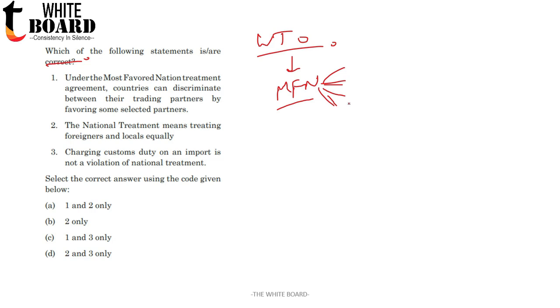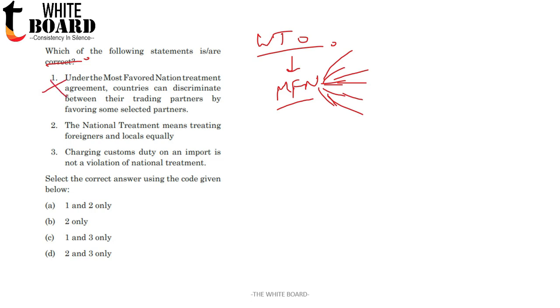Understood? So it is a very general agreement, but the term is a misnomer. As soon as you join the WTO, you have to give this MFN status to all the member countries. So the question is asking, under MFN treatment, countries can discriminate between their trading partners by favoring some selected partners. It is not like that at all.